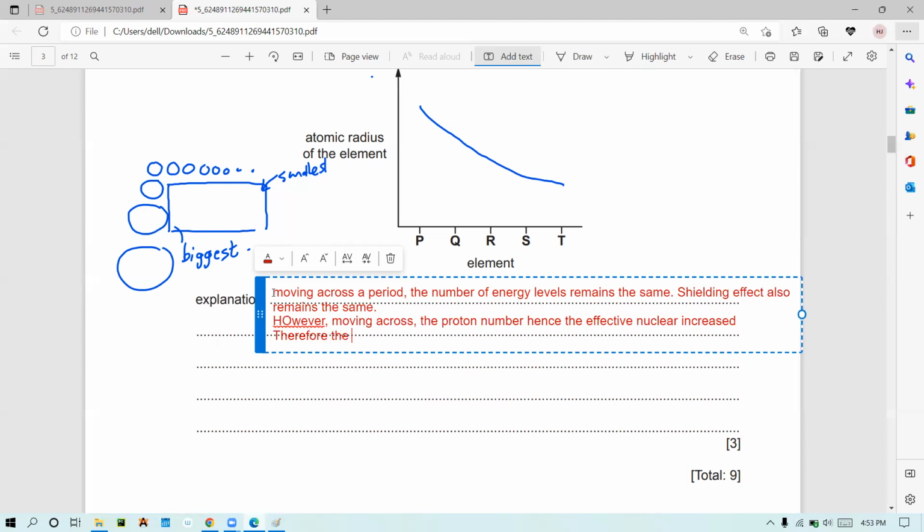Therefore, the number of protons increases, hence the effective nuclear charge increases.